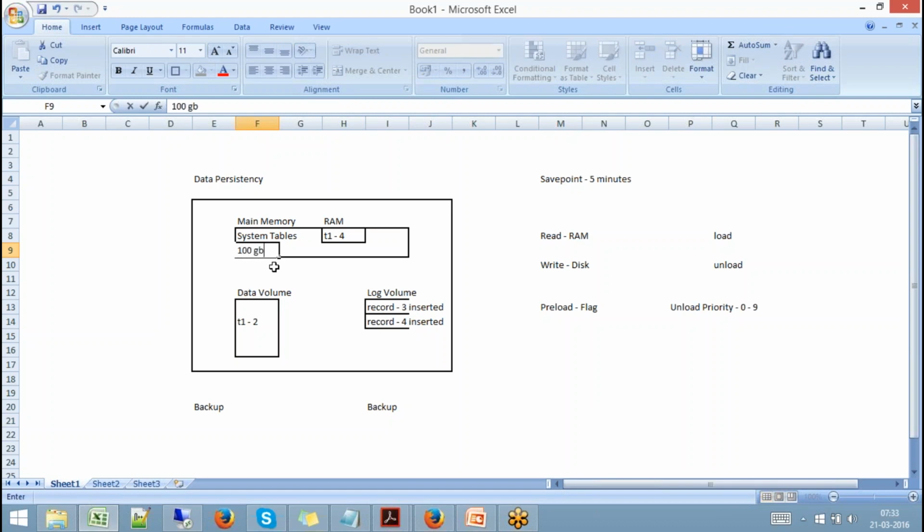Generally the disk would be 400 GB, 4 times of it, and the log volume will be 1 time, 100 GB plus. Suppose if I don't clean this, the size is occupied, so there will be no more logs captured. So when I say backup, I take these records as a backup, keep the logs and clear this out.